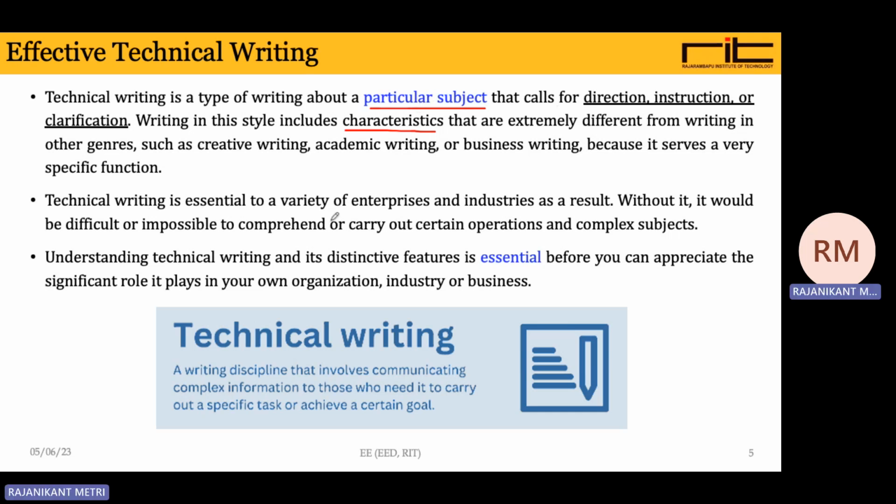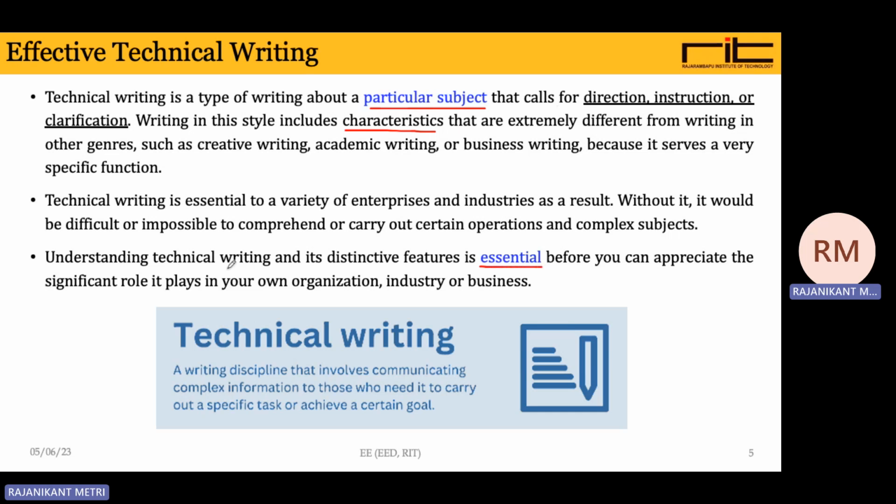It is essential to a variety of enterprises, industries, organizations as a result. Without it, it could be difficult or impossible to comprehend or carry out certain operations and complex subjects. So understanding technical writing and its distinctive features is essential.